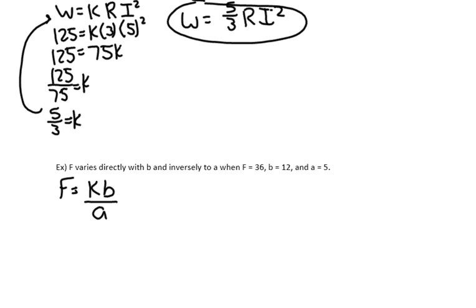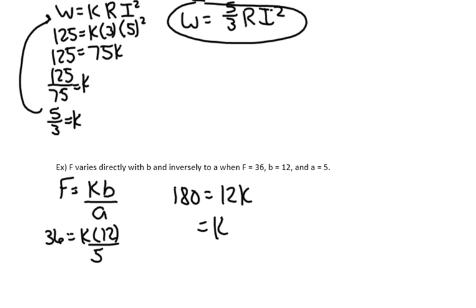Now, plug in what I know. F is 36, B is 12, and A is 5. So multiply both sides by 5, and then divide by 12. And K is equal to 15. Now, go back and plug that in here.